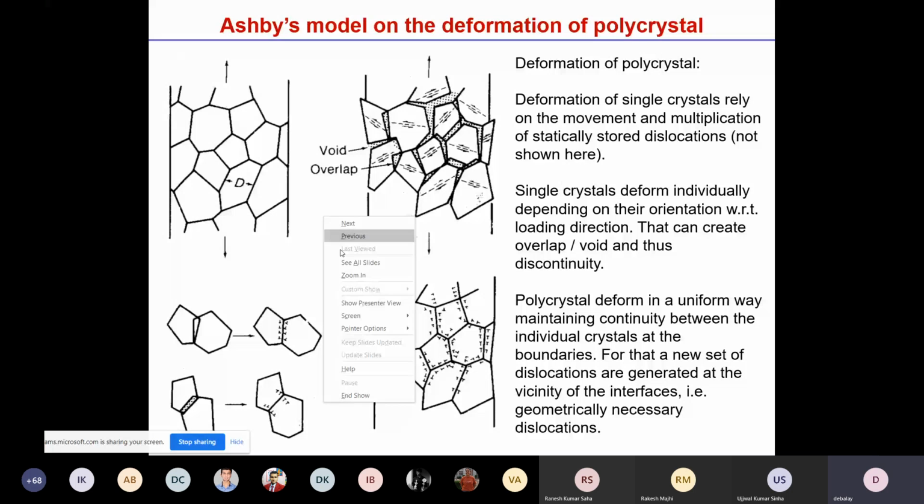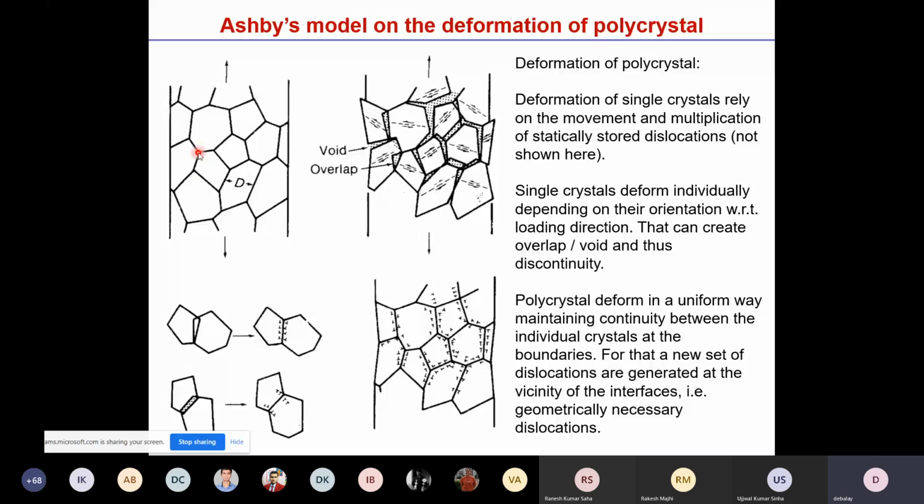Can you see the PowerPoint presentation screen? Yes, sir. Each block, if you see my laser pointer, in the first left top image is showing a single crystal.